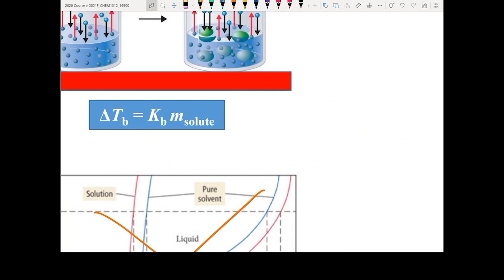The equation that you're going to use for this specific concept is delta TB, which is the change of your boiling point, equals KB. KB is the so-called molal boiling point elevation constant. Multiply the concentration of your solute.